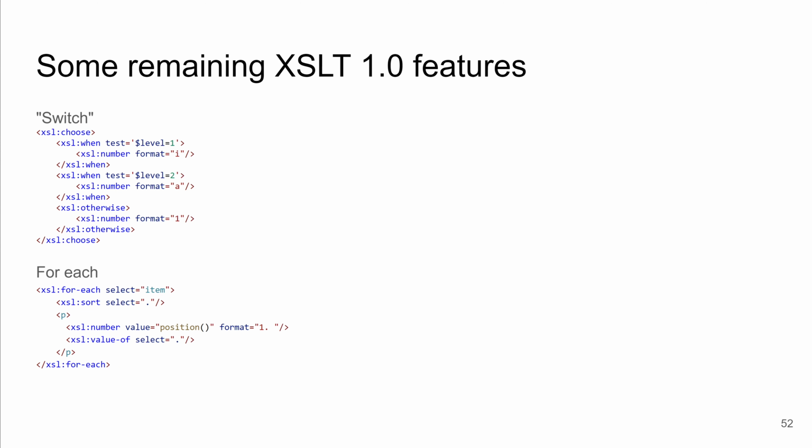Right, so this was an overview of XSLT, and there are some features which we didn't see. For instance, there is a switch construct so that you don't have to have a series of if tests. It uses the XSL choose, XSL when, and XSL otherwise elements. There is a for each construct where you can go in an iterative way through a node set selected by an XPath expression and do something.